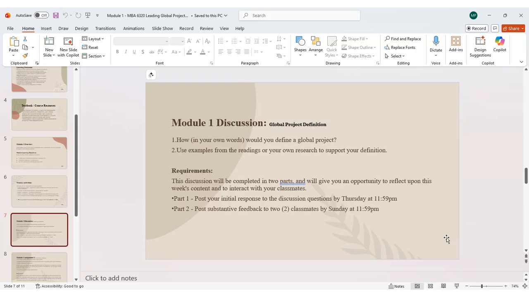So before we go on, this particular assignment, and others that are related to it, speak to global projects. And how is that really different than any other project? So before I go on to the assignments, I want to address that. That's part of the question here.